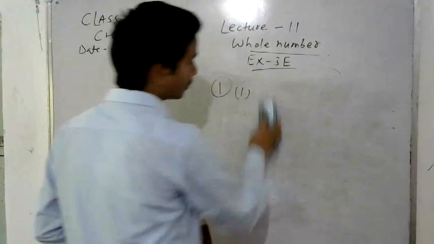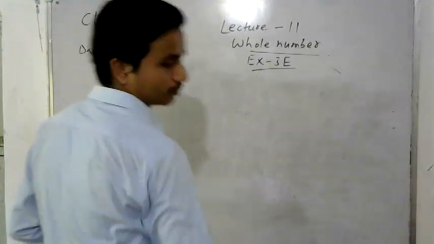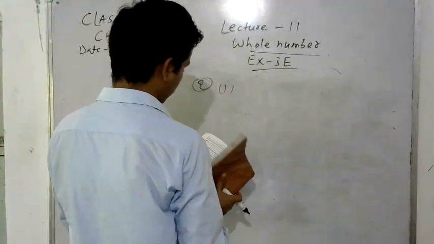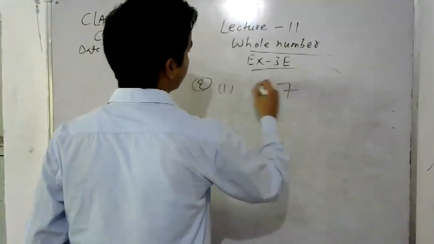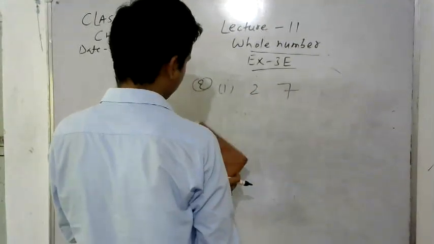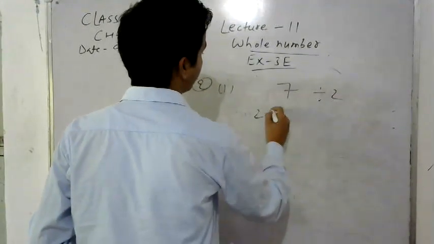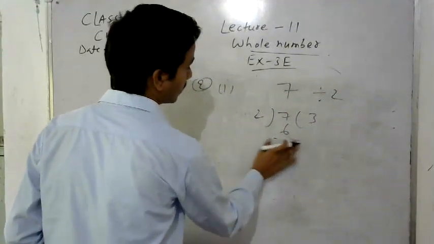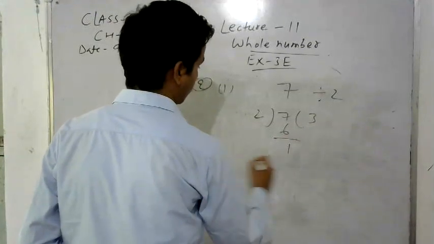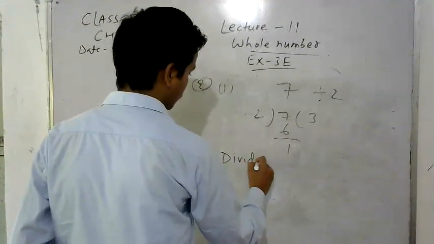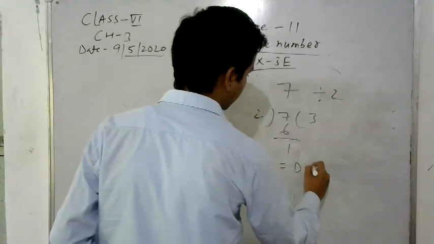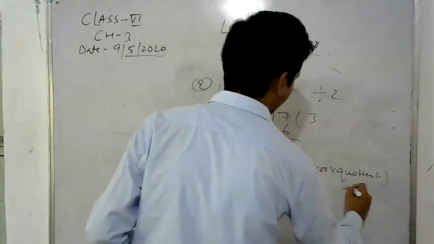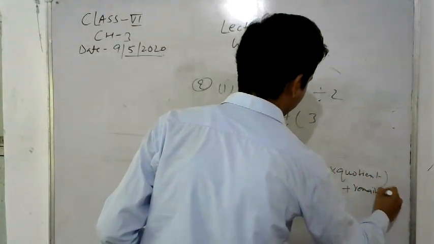And if the remainder is not 0, for example, question number 2 first. Suppose we have to divide 7 by 2. 2 3s are 6. Here the remainder is not 0. So how will we verify it? Dividend equals divisor into quotient plus remainder.